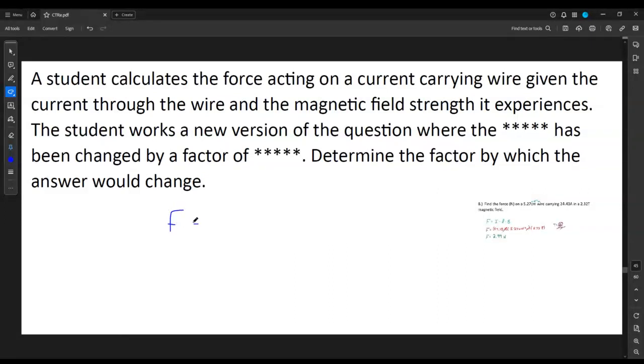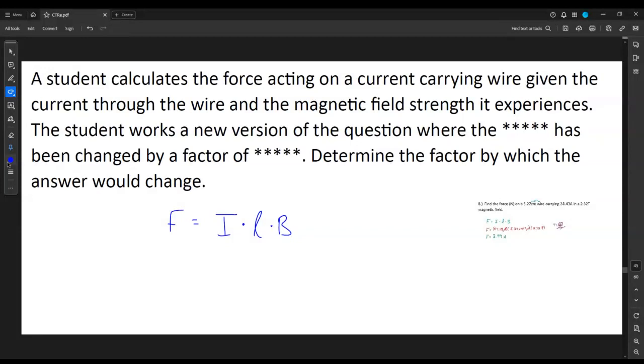So what I'm really looking at is just this formula that says that the current running through a wire, multiplied by the length of the wire, multiplied by the magnetic field that the wire is in, will give me the force for how the wire is going to push and pull.